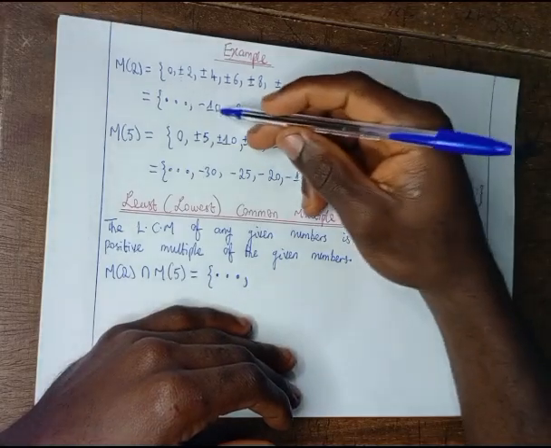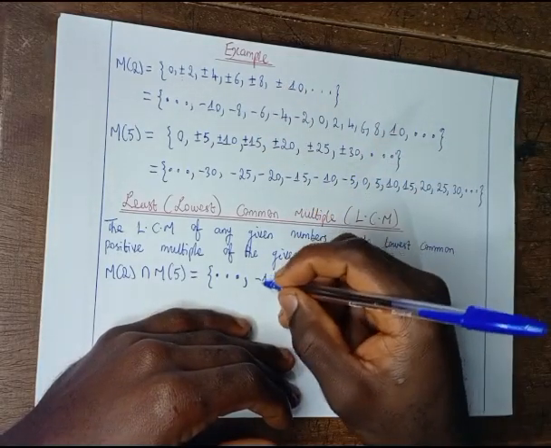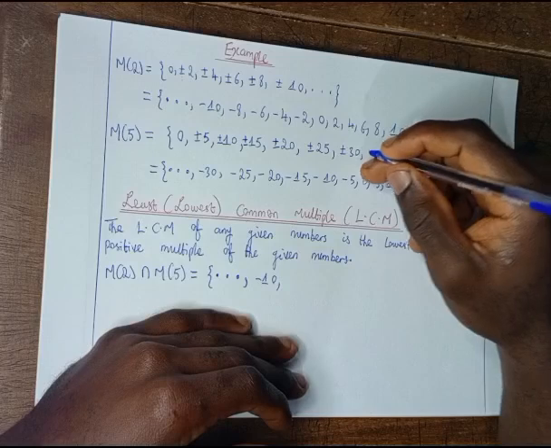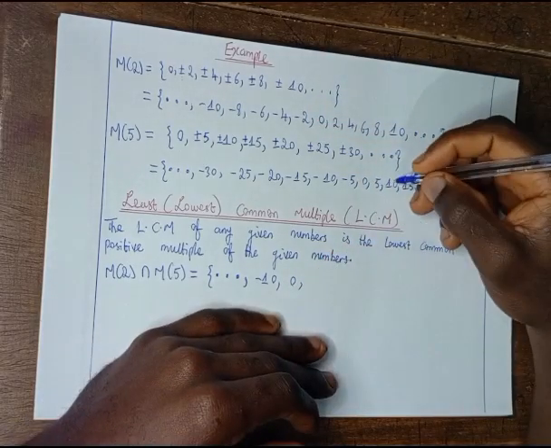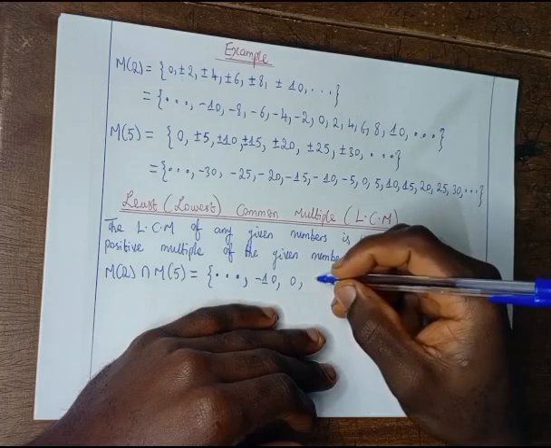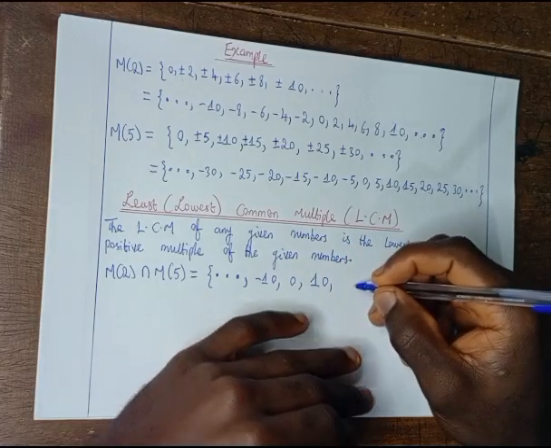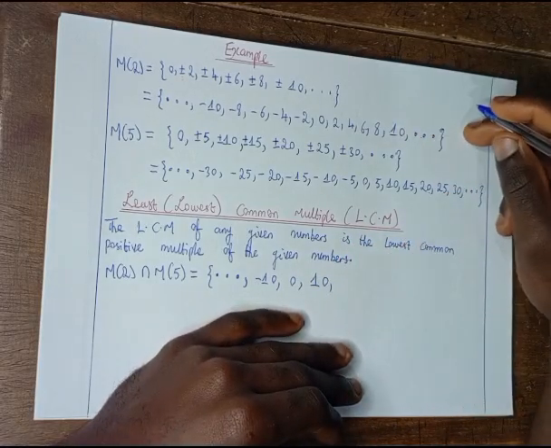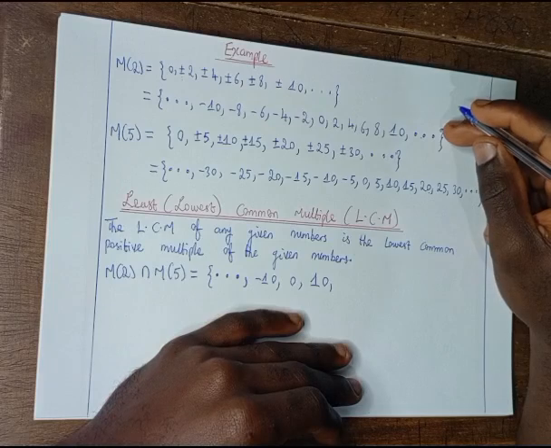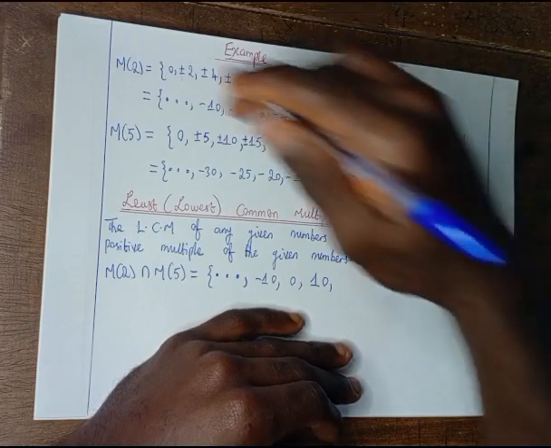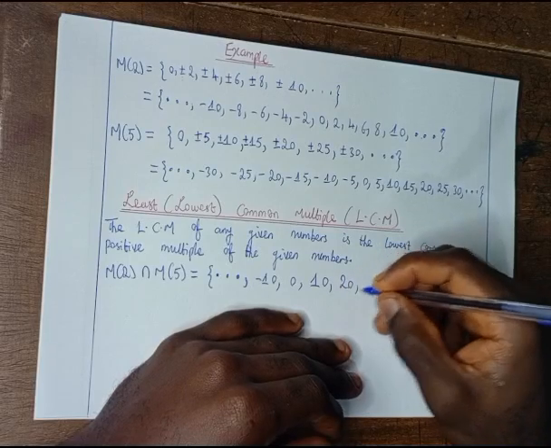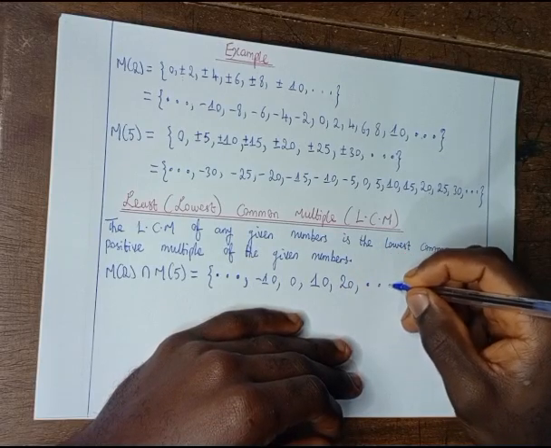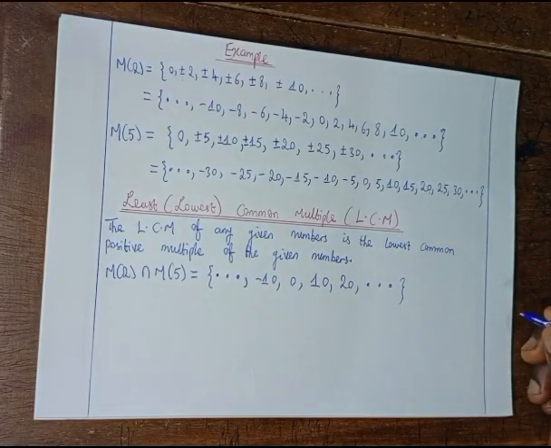So we can see negative 10, you can see 0, there is 10. If we continue this set, we are going to meet 20. 20 is a multiple of 2 and 20 is also a multiple of 5. It continues to the right hand side. It's an endless set too.